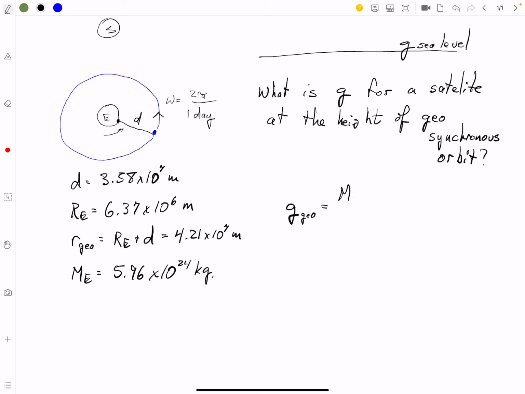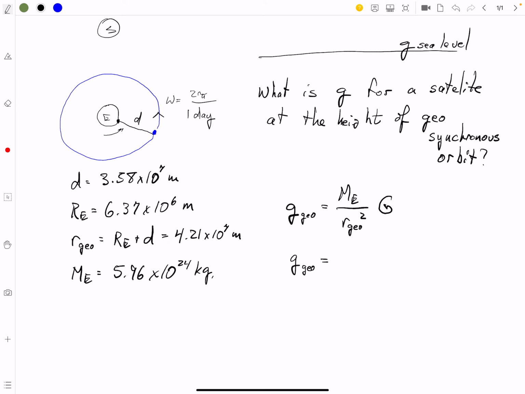So we've got the mass of the Earth. We're going to divide by r geo squared, and we're going to multiply by the gravitational constant. In my notes, I didn't put all the numbers in.